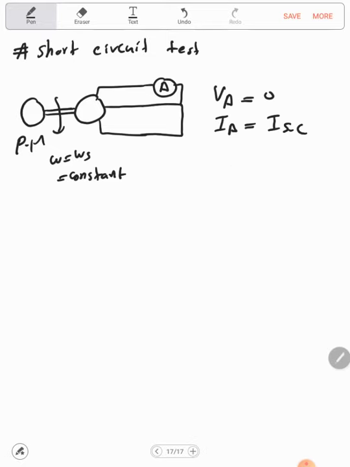So from the voltage equation, 0 will equal Z IA plus EA. So IA can be measured and EA can be found from the open circuit test.